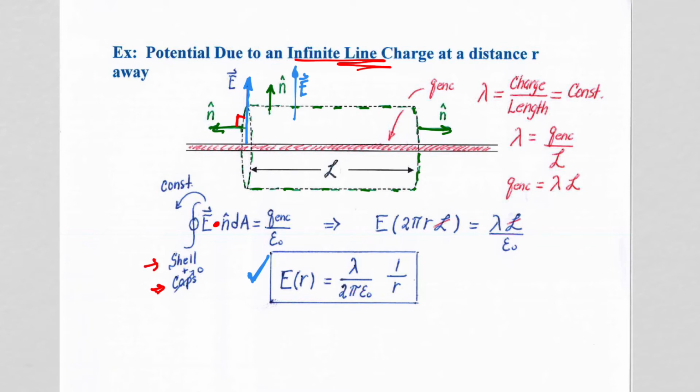We would expect the electric field to be constant anywhere on the surface of the shell by symmetry, and then we are in business. The electric field is constant on the shell.